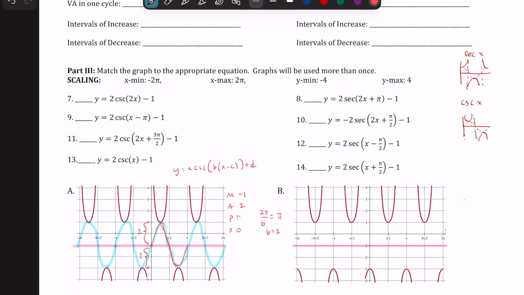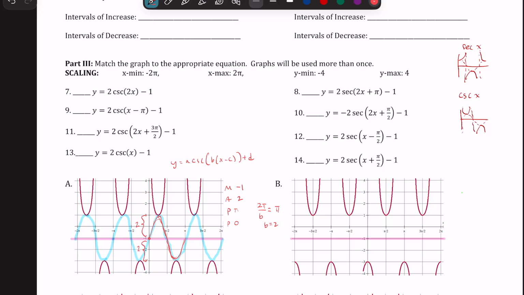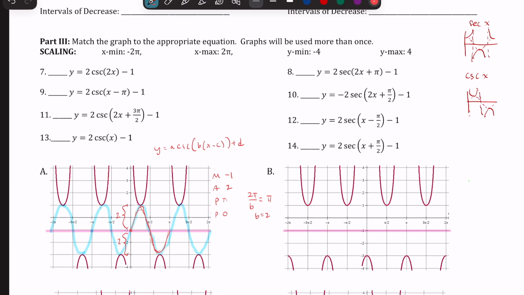Now I can look at my answer choices, or I can just write the graph. So A is 2. B is also 2. So it's going to be 2 cosecant of 2. There's no phase shift, so C is 0. So I just have 2x minus 1 because that's this part. And that's my graph. And look right here, it's A. That's so nice.